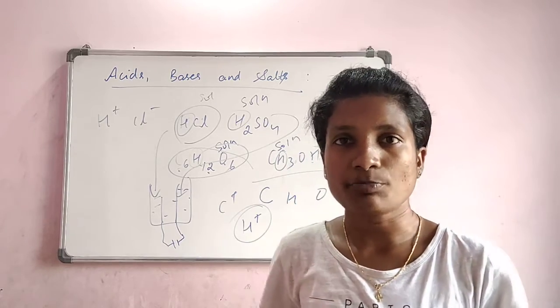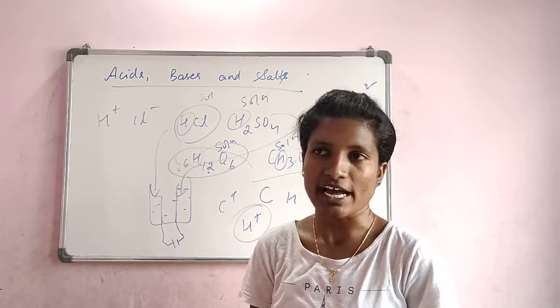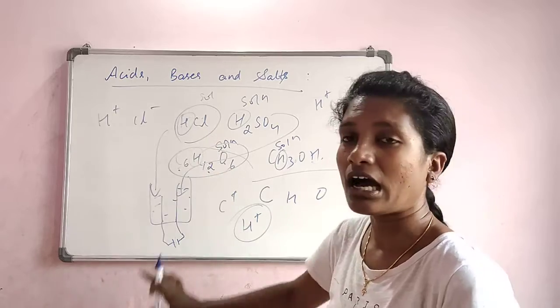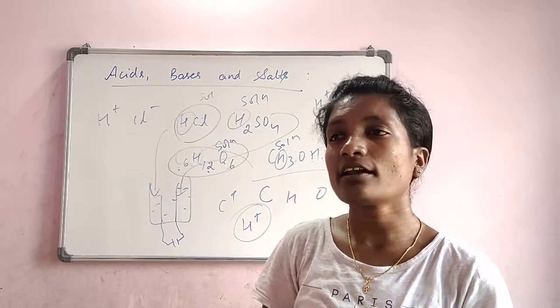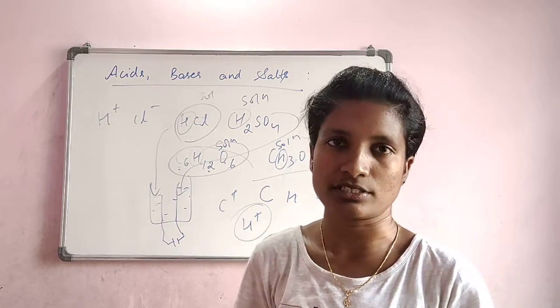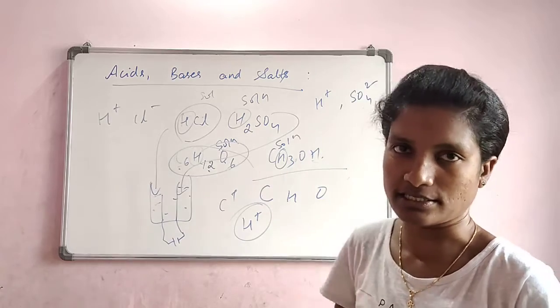Only if ions are present are they capable of conducting electricity. So this experiment proves that not all compounds which contain hydrogen are acids. There are a few compounds which conduct electricity in their ionic state, and they are called acids. Example, hydrochloric acid, sulfuric acid, etc.